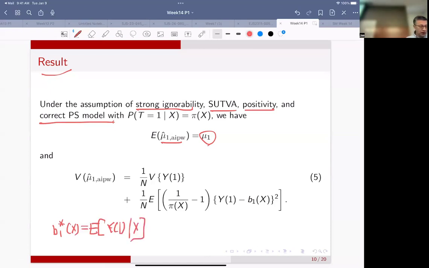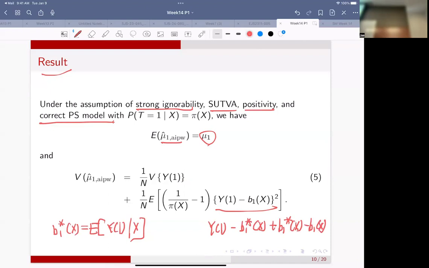Okay, and then all you have to do is show that if you plug in the conditional expectation, then maybe the variance term can be minimized. And the usual trick is to do something like this: y1 minus b1 star x plus b1 star x minus b1 x. You can always subtract and add.